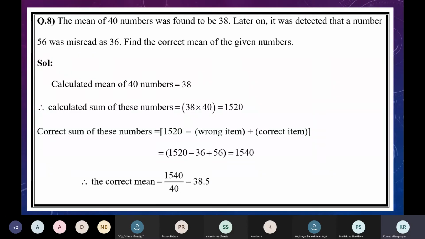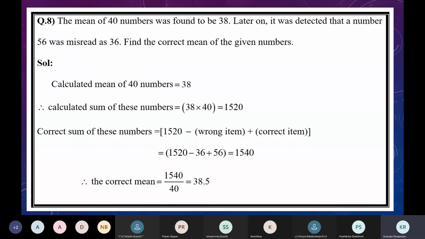So what you had calculated is the mean of 40 numbers. What was actually calculated? The mean of 40 numbers, 38. So the sum of these numbers will be 38 into 40, 1520.